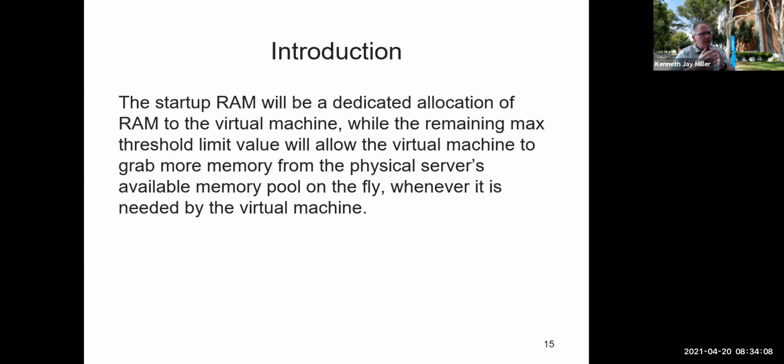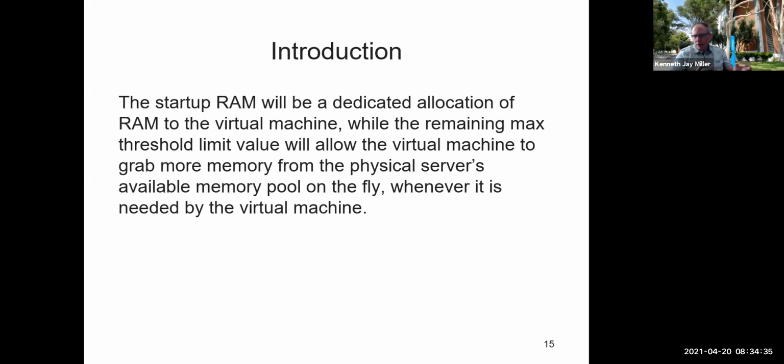Okay. Now, the startup RAM is dedicated, while the remaining max threshold limit value will allow the virtual machine to grab more memory from the server's available memory pool on the fly whenever it might be needed. So, it's just like anything. Sometimes things need more power, need more memory, and other things don't.